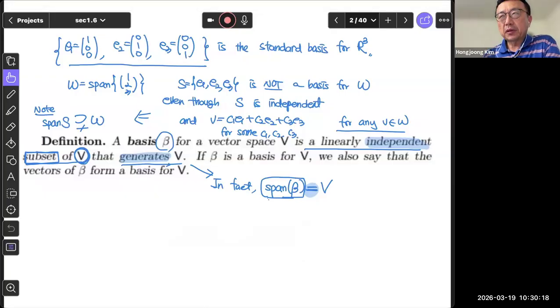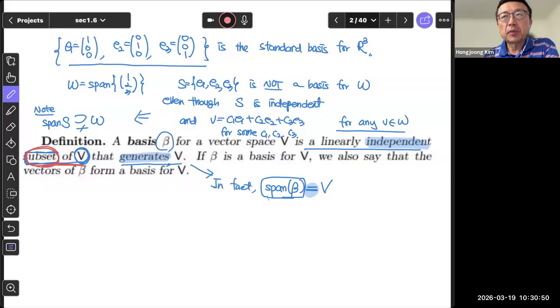Given a vector space, a basis is a set of vectors in V. In other words, you need to consider a subset of V which satisfies two requirements.